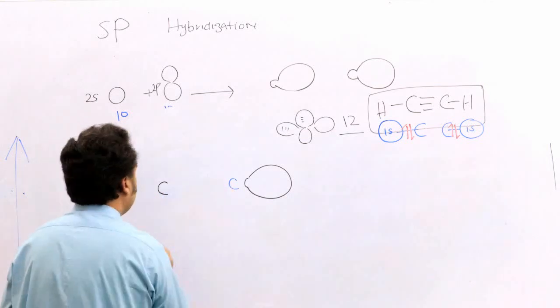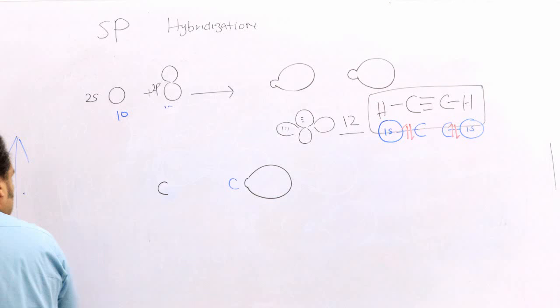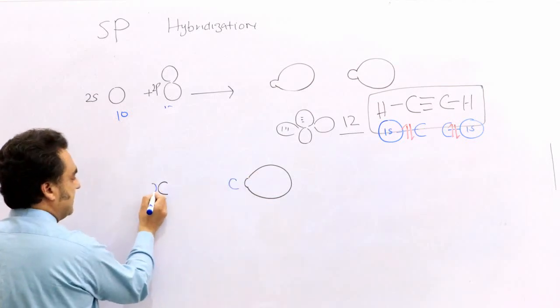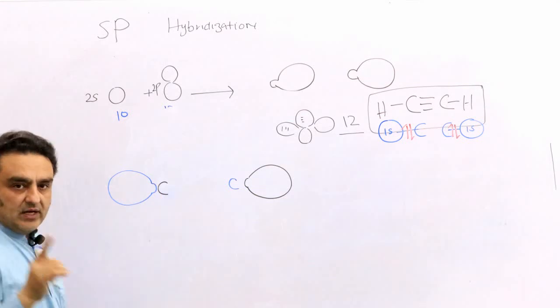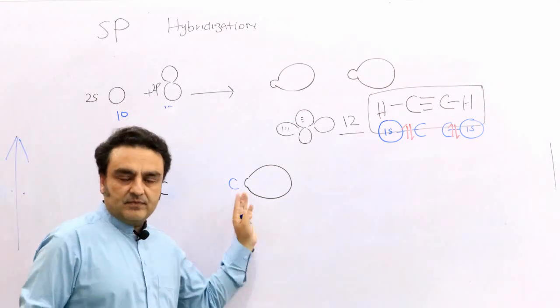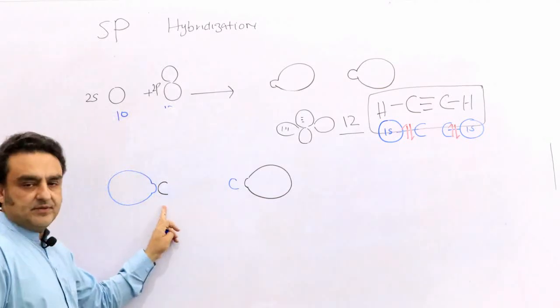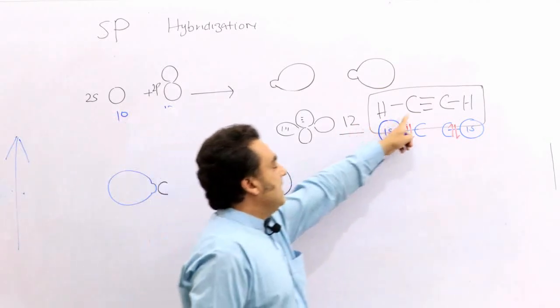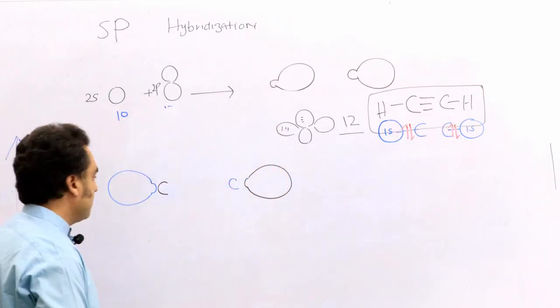This is one. Now it has another sp hybridized orbital which is pointing outward. This is a carbon atom which is sp hybridized. This is another carbon atom which is sp hybridized. We are just discussing how it would be formed.